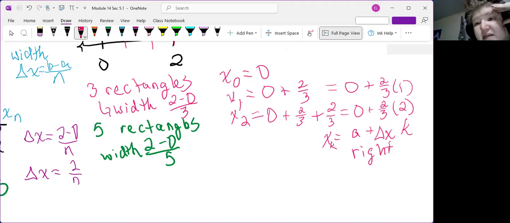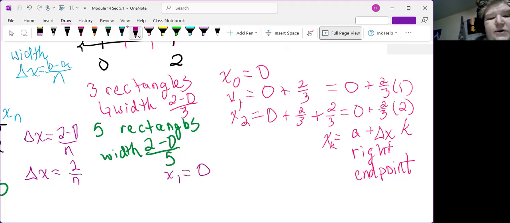Our formula for left endpoints would be a little different, a little more annoying, honestly. But since we are looking at right endpoints here, if I come back over, my x sub 1 is going to start at 0, and I'm going to have my arbitrary width, 2 over n times 1.